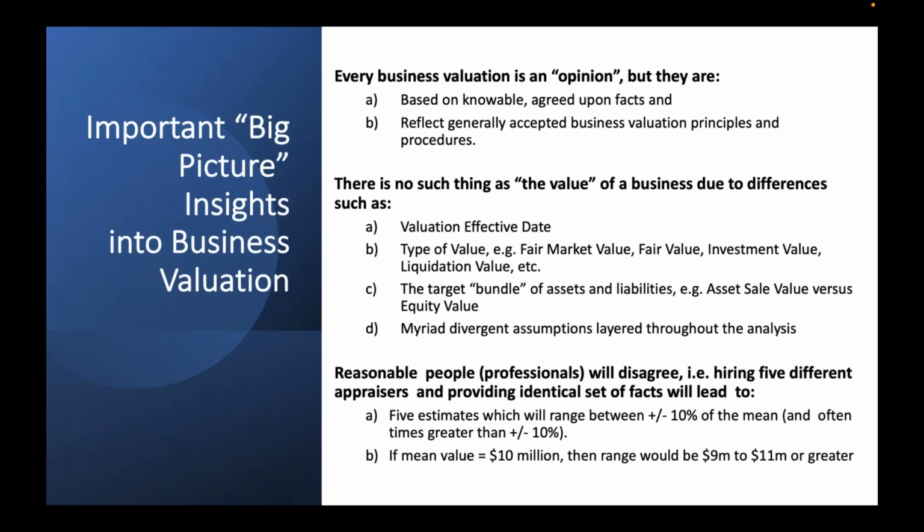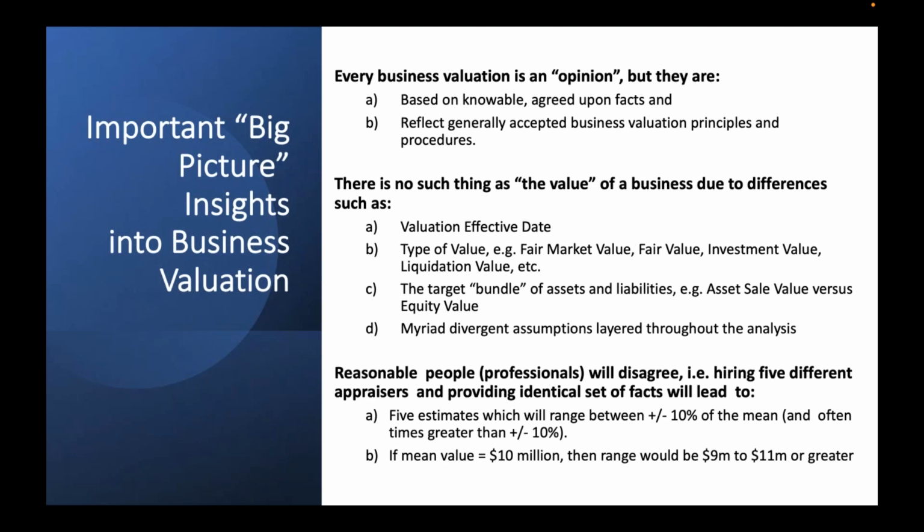Some of the major or important differences are, for example, the difference between an asset sale value and an equity value. The asset sale value is very definitional and reflects the value of the inventory, fixed assets, and all the intangible assets: goodwill, covenant not to compete, trade name, etc. But the asset sale value does not account for cash, receivables, or liabilities.